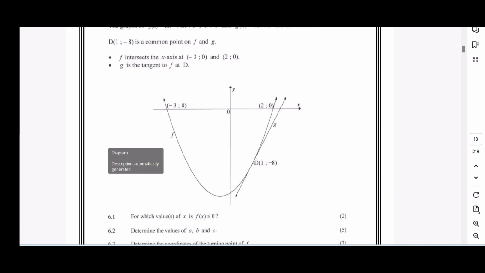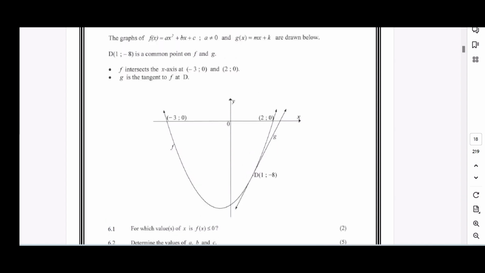We are also given that g(x) = mx + k. And as the statement continues, we have been given a common point of both graphs, which is (1; -8), and in the sketch, there it is. So that is the random point that I was talking about. First, there are the x-intercepts, and we are given the random point.